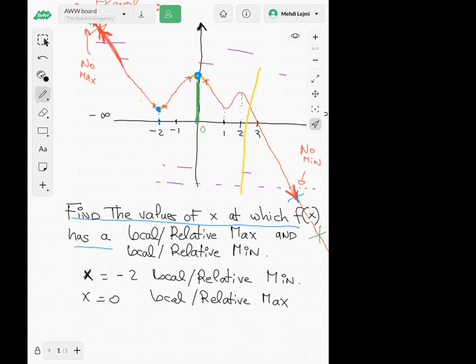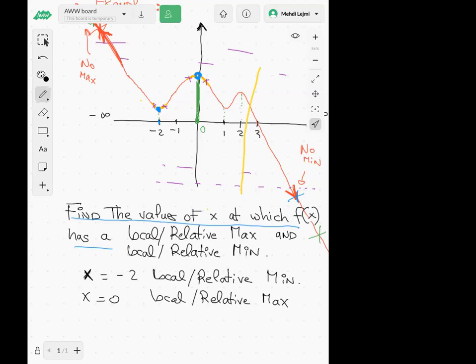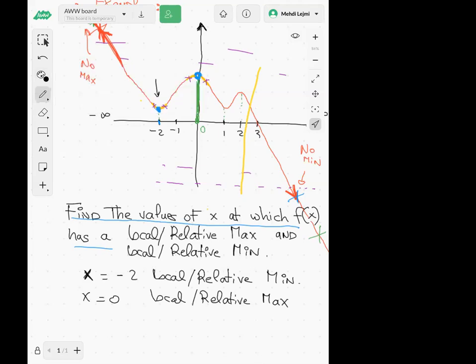For example, the minimum is -3, and the maximum is 0, right? You're saying the minimum is -3? -2. Yes, we said at -2. The maximum is 0.